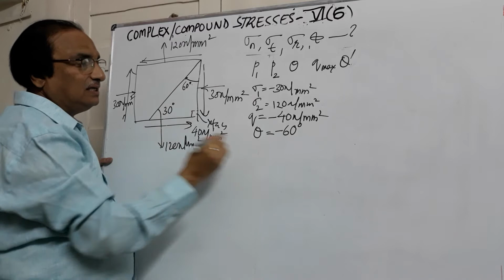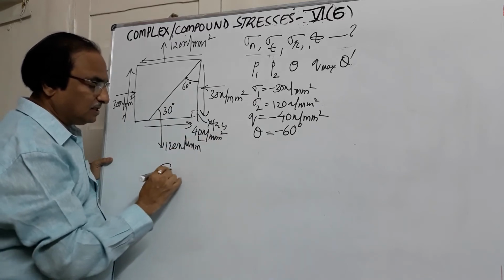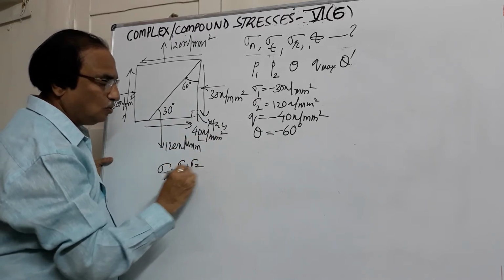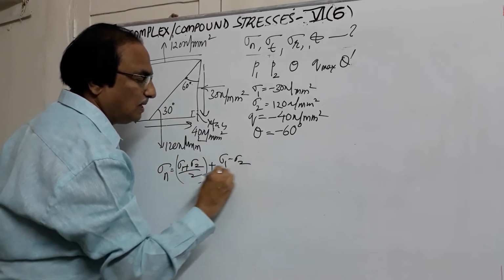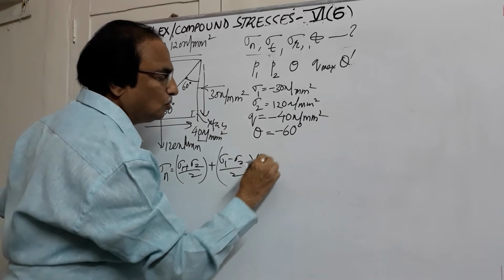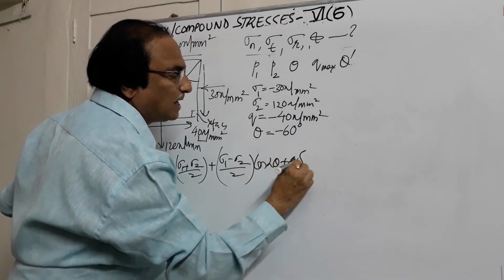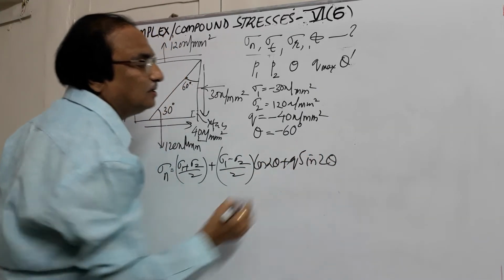So once you write these, then you can go for normal stress is equal to sigma 1 plus sigma 2 by 2 plus sigma 1 minus sigma 2 by 2 cos 2 theta plus q sin 2 theta. These are formulas, you are supposed to learn by heart.